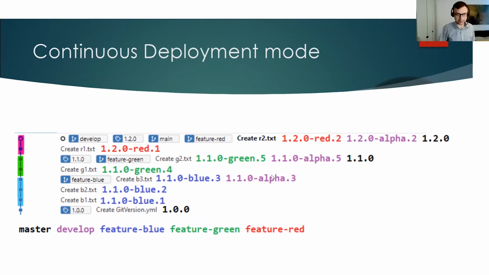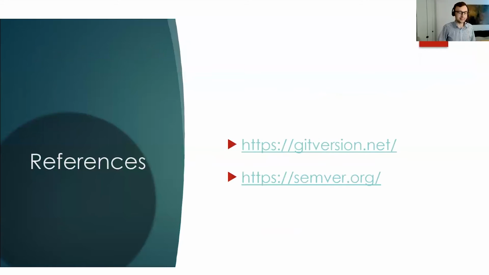We have the keyword here, alpha, for the builds that were done on develop. This is one of the conventions in GitVersion, but I don't want to go too deep into the details here. I just wanted to show you the scenario, how to use this tool. If you're interested, you can ask me some questions or maybe refer to the documentation page. I would like to show you the 2 documentation pages that are worth visiting.